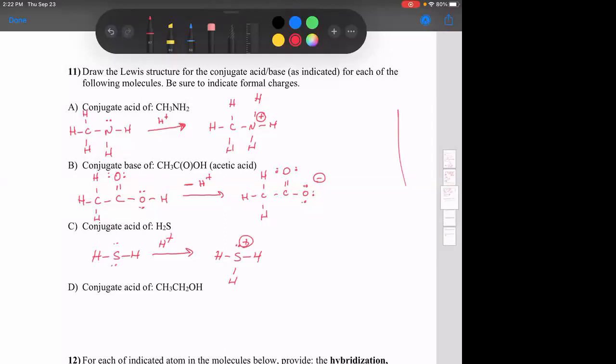And finally, the conjugate acid of the molecule ethanol. For an acid, we're adding hydrogen, so that's going to go onto the oxygen. All right, there we go.